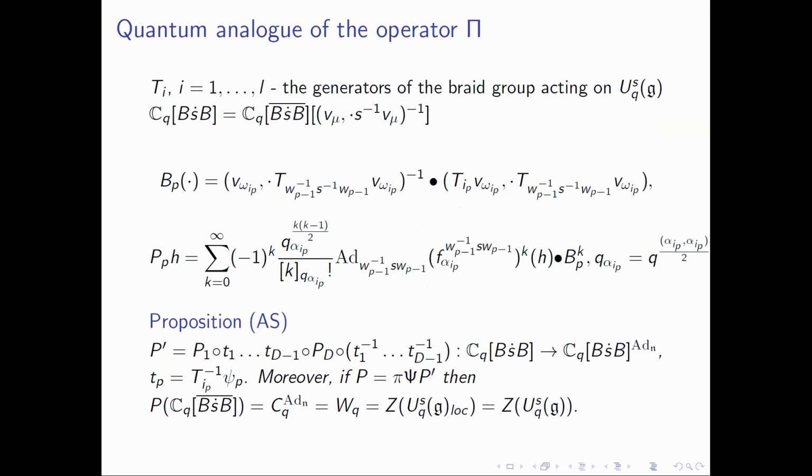The restricted form acts by the adjoint action on the Kostant-Whittaker form, and then you can specialize everything to Q equal to 1. And Q? Yes, you can also specialize it to Q being a root of unity. Then all these infinite series become truncated.